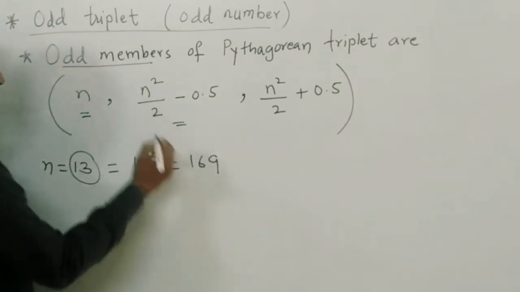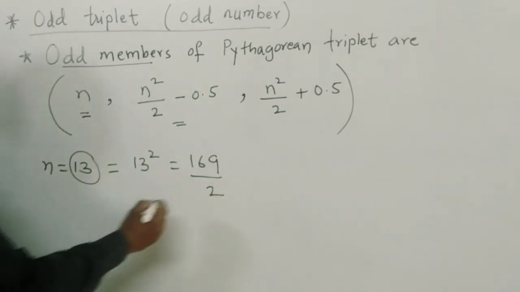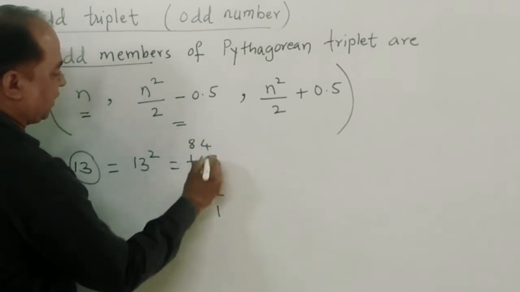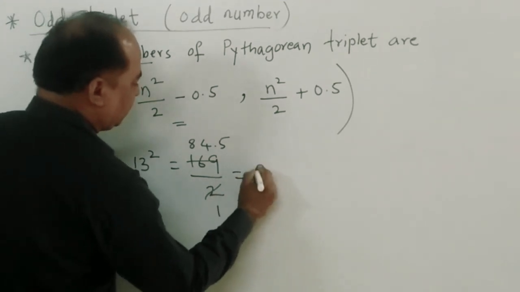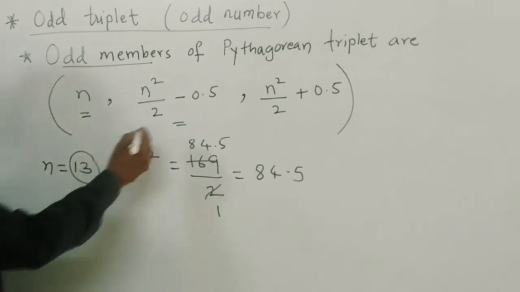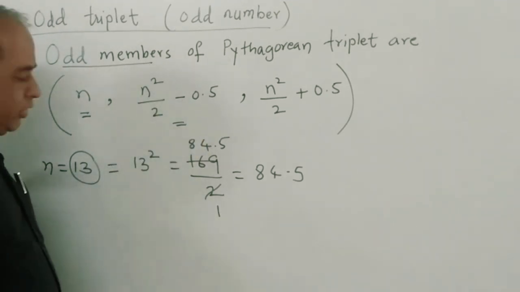Now 169 divided by 2, which is equal to 84.5.